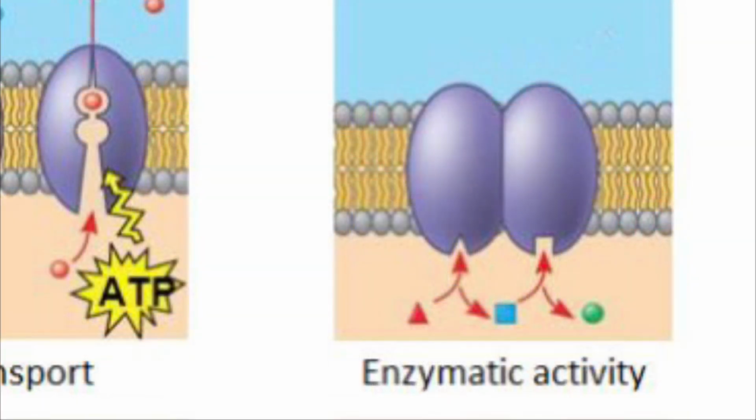So first, there's the ICMT enzyme, and the function of this is it adds methyl groups to the proteins as they exit the cell, which enables the proteins to function.